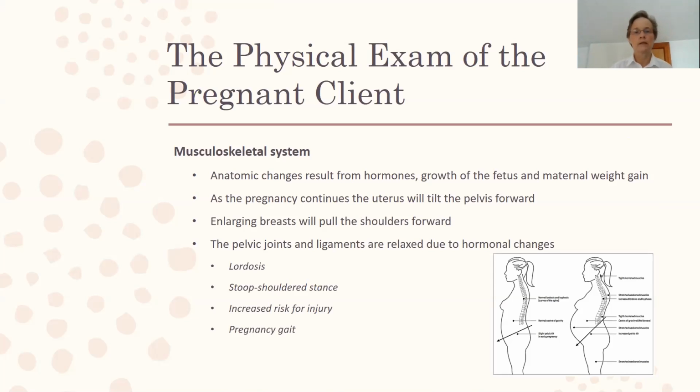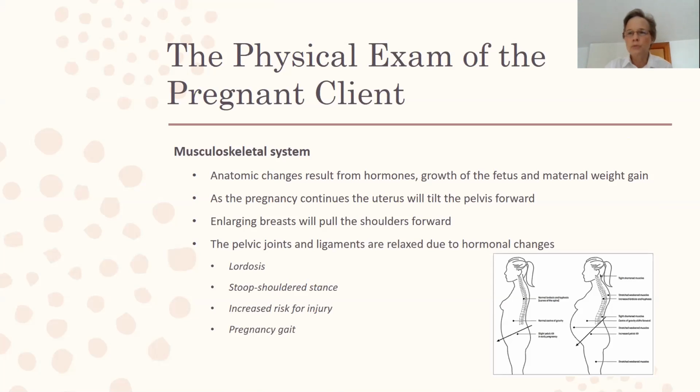The added weight, and the pelvic joints and ligaments are relaxed due to hormonal changes. So when we learned in neurology the shape of the spine, we know that there's a natural lumbar lordosis, but in pregnancy it becomes a much more pronounced lordosis, right?